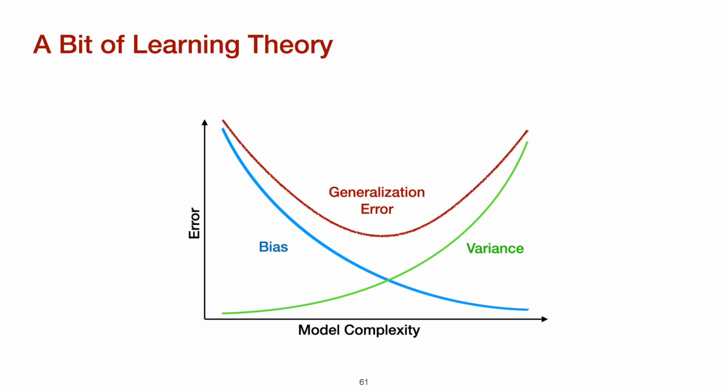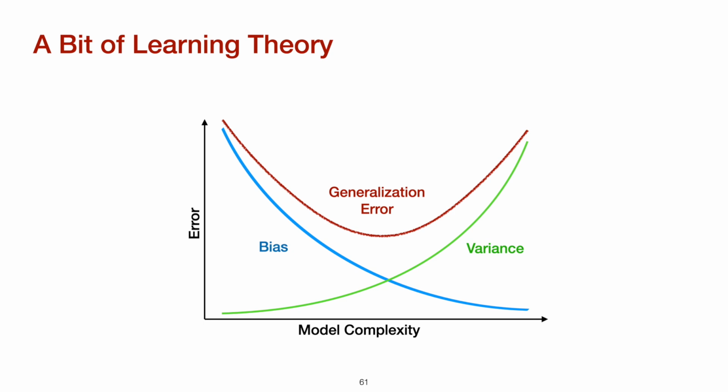When the model is not complex, when it's pretty simplistic, then most of our error comes from bias, that our ability to model the underlying phenomenon is not captured well in the model that we've chosen.